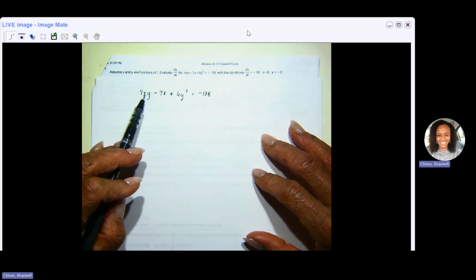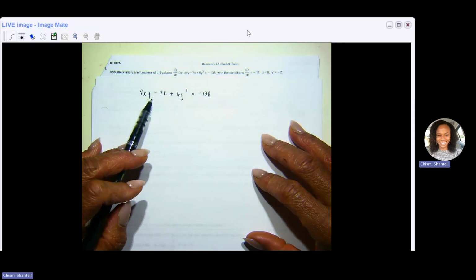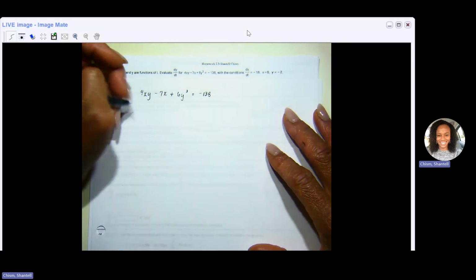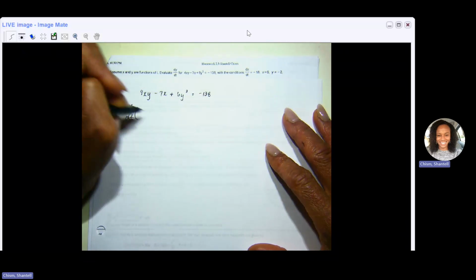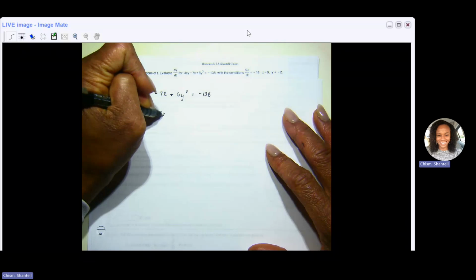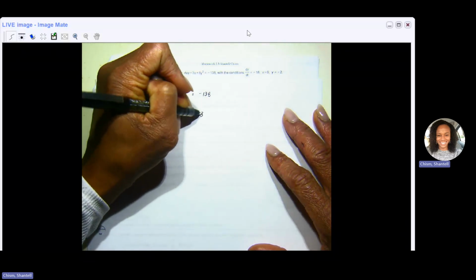It's a product of x and y. So I need you to remember that we have a specific rule when we're dealing with a product that we want to differentiate. So I am starting off first with just expressing what we're about to do as the derivative with respect to t of 4xy minus 7x plus 6y cubed equals negative 138.